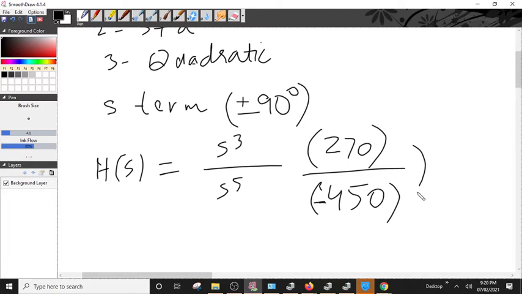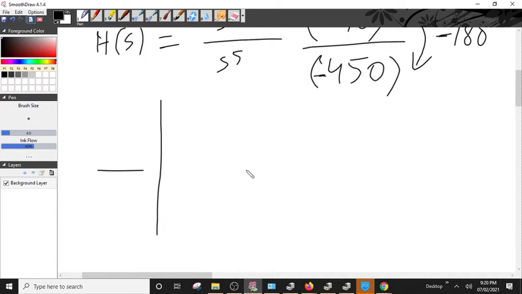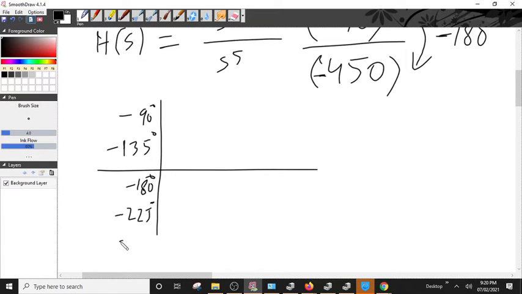If we add these two, we'll have minus 180 degrees. So this decides the origin of the phase plot. Our origin of the phase plot will be at minus 180 degrees, and we will draw the rest according to it: minus 135 degrees, minus 90 degrees, and similarly minus 225 degrees, minus 270 degrees. So it only decides the origin of the phase plot.